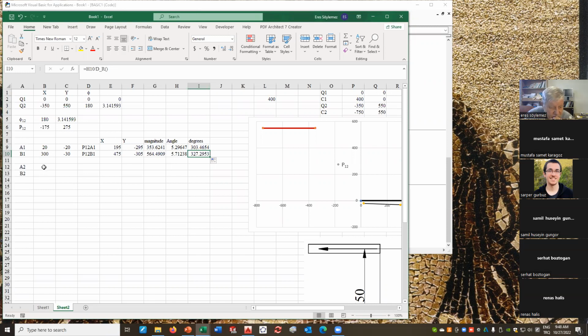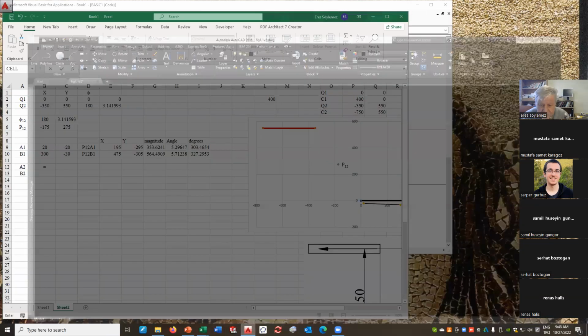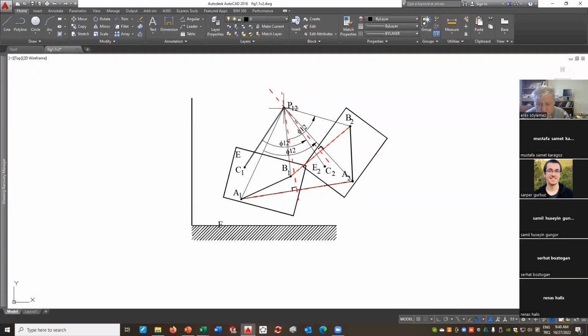Now, A2, with these values, I have all set. A2 is equal to, please remember that, P12 plus this vector, P12, C2, correct?